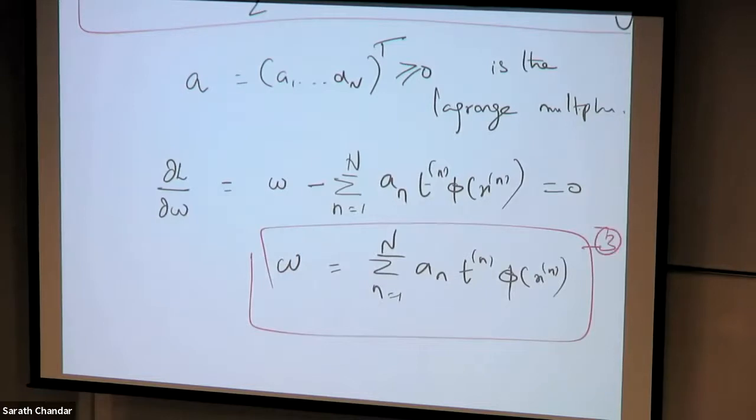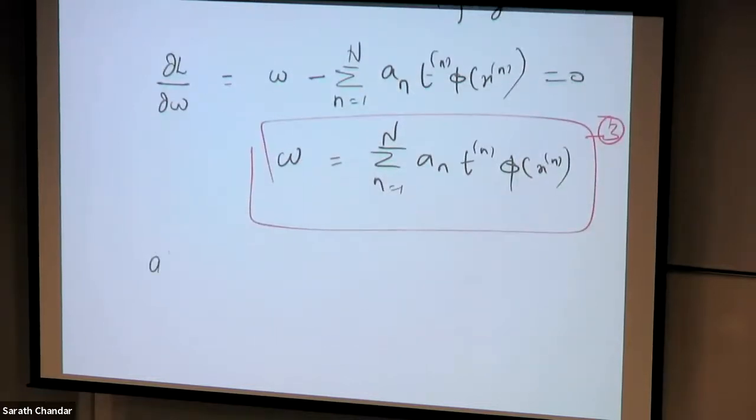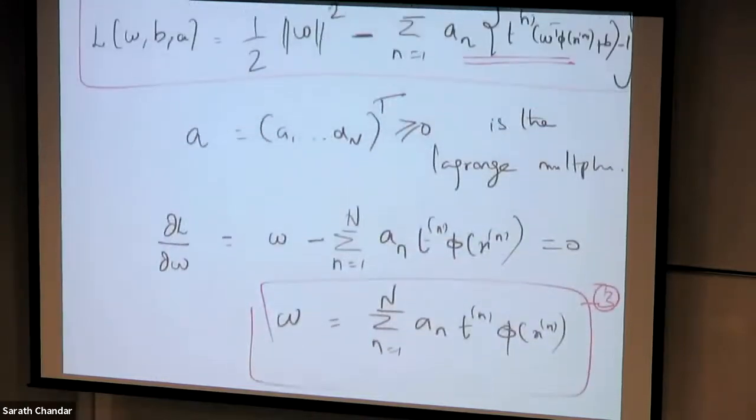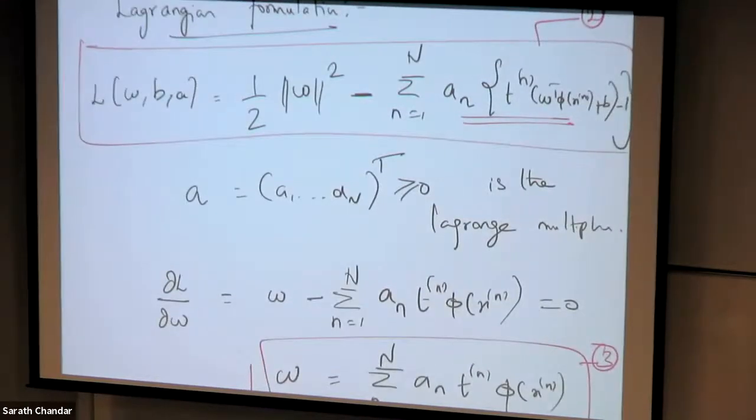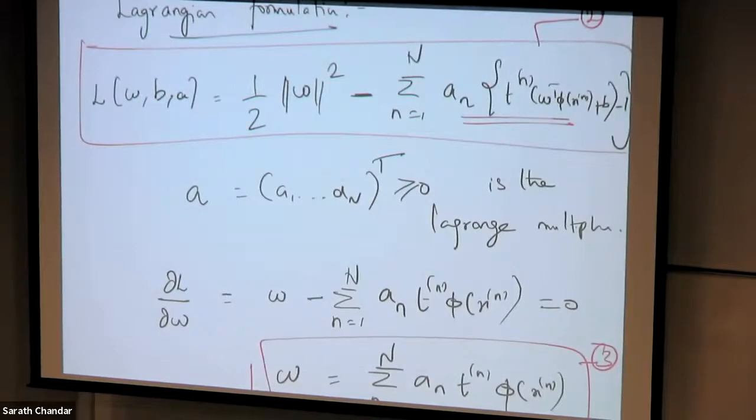Similarly, I can find dou L by dou B. When I do dou L by dou B, you see that the first term does not have any bias, so 0. The second term does not have any bias, and this term does not have any bias. Only the B term has a bias.